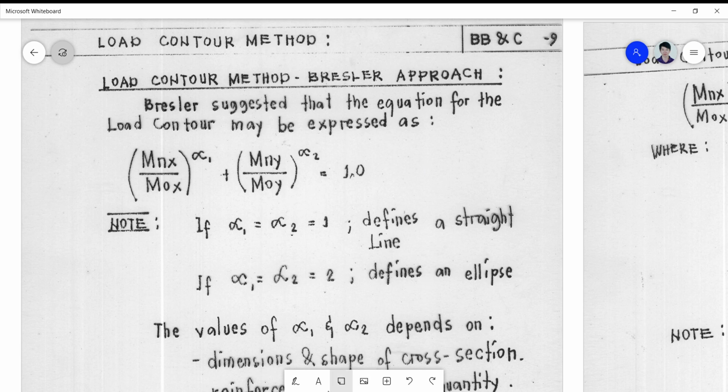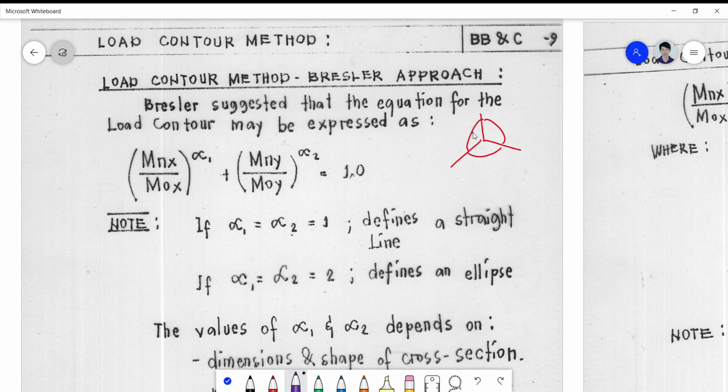So if you have an interaction surface like this, you just cut your failure line somewhere here.